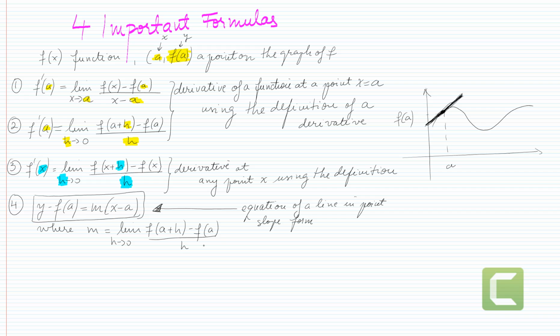So to find the slope of the tangent line, we can use formula 2 to find that. I hope this helps.